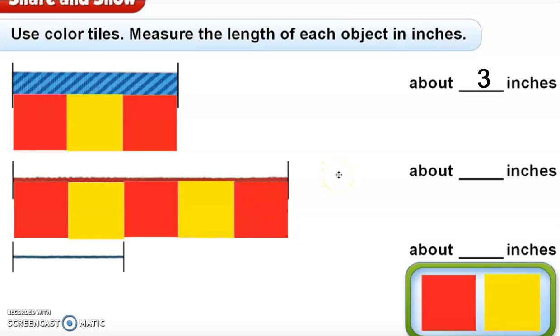Okay? All right, now we've filled this whole string with tiles. Now let's count. 1, 2, 3, 4, 5. So this object is about 5 inches because we used 5 color tiles, and each color tile is 1 inch. All right, and then we got our last one here, a pretty short one, so let's see.